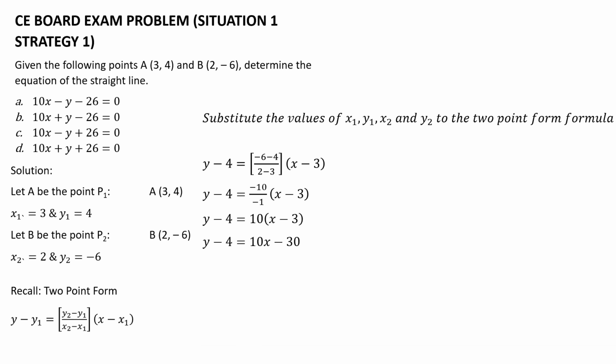For its continuation, we now have y minus 4 equals 10x minus 30. And then we have it as 0 equals 10x minus y plus 4 minus 30, because here we have transposed y to the right side, and it becomes negative y, and also negative 4 to the right side becomes positive 4.